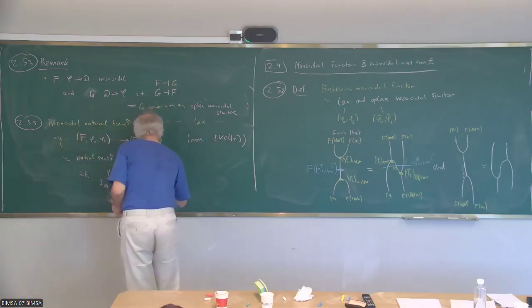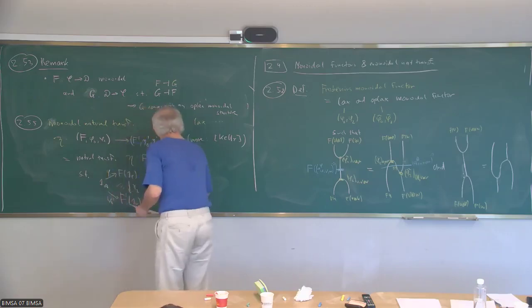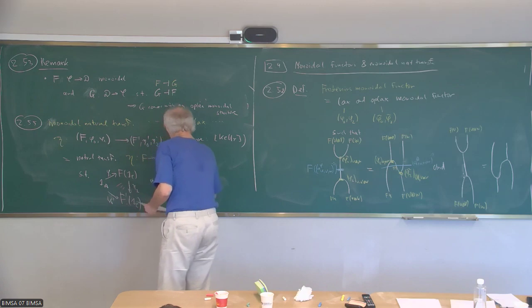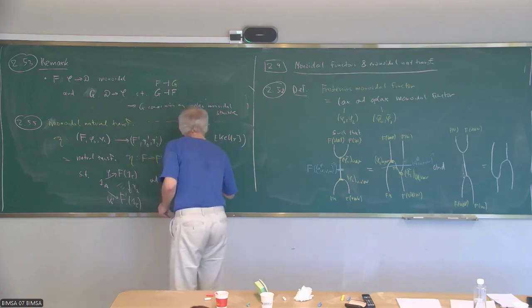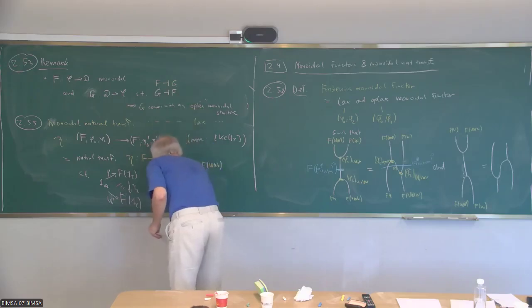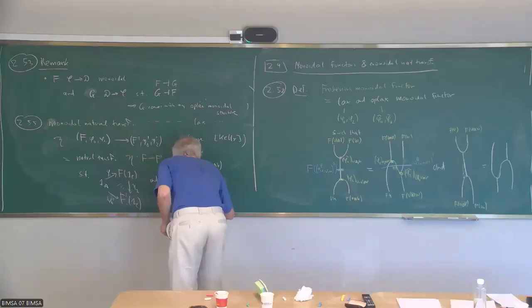And analogously, if we start from Fu tensor Fv, we can use phi 2 with component u,v to get to F of u tensor v, or we can use phi 2 prime to get to F prime of u tensor v.